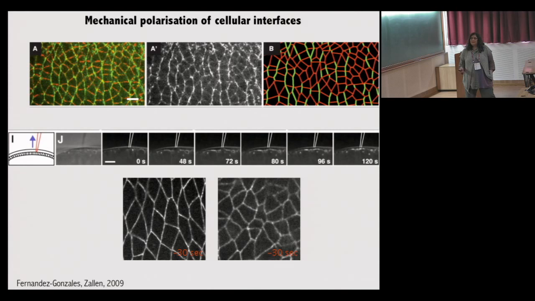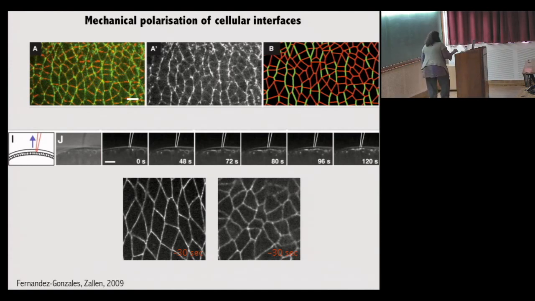And then just like you could cut a rubber band, you would look at how quickly the cut ends recoiled to give you a sense of the tension at those interfaces.